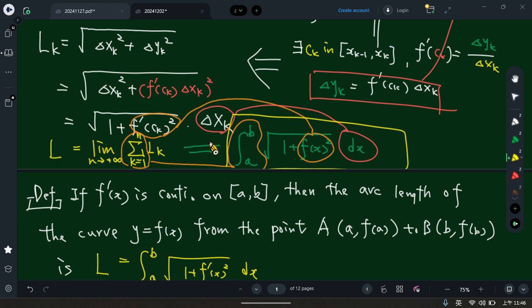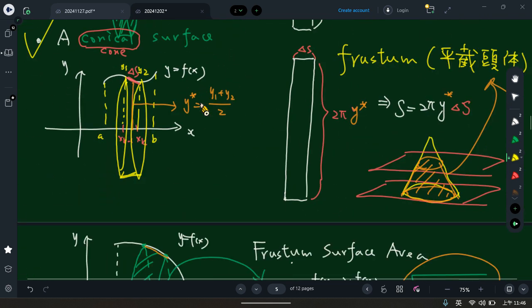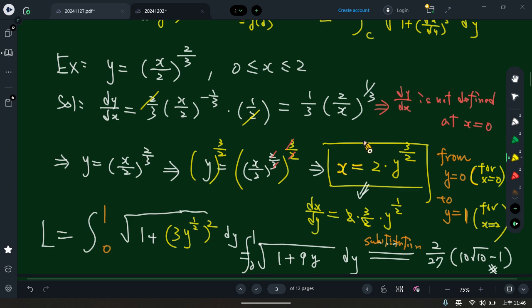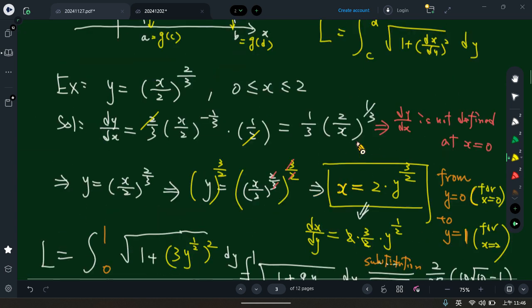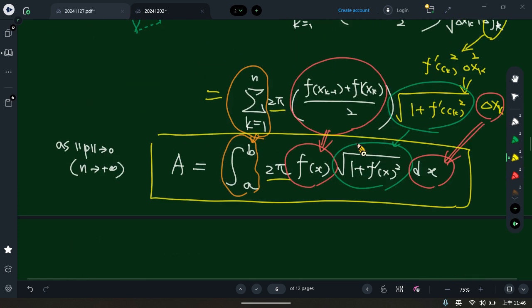So actually for this part, it is the same, but this is about the arc length. But if we just add 2 pi f of x, that will become a revolution. That will talk about the area of the surface of revolution. So they are different. One is for length, but this part is for the surface.